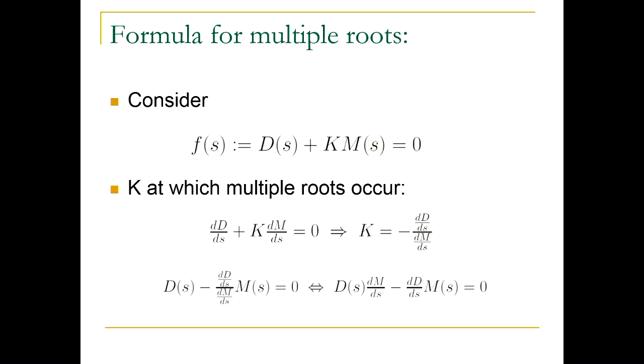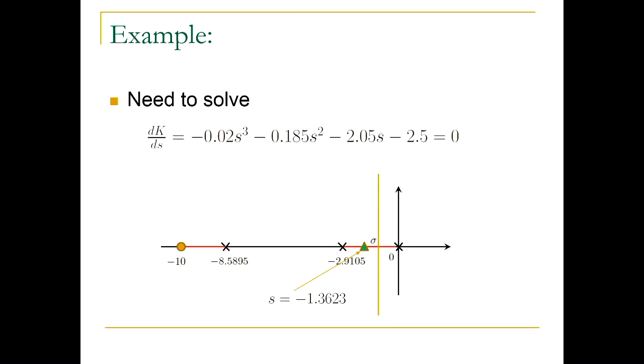When you find solutions of this equation for that example, you would find that one of the solutions would be on the root locus. And this triangle here turns out to be that solution on the root locus. Note that this equation is third order, so there are two other solutions, but one solution is on the root locus, and that's the one where the branches are meeting. So note what this tells you now.